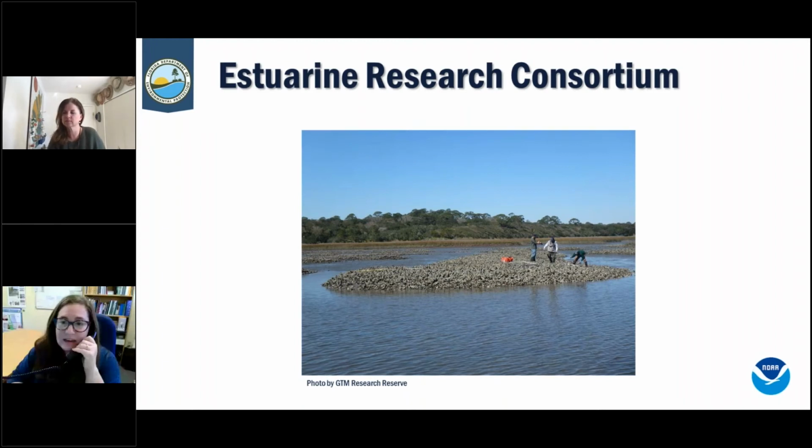It also supported a NERRS Science Collaborative Catalyst project called Stakeholder-Driven Modeling to Understand Oyster Population Sustainability, where the reserve worked with researchers from Northeastern University and Oregon State University to examine the influence of environmental factors on oysters and the oyster population dynamics in different zones within the reserve using stakeholder feedback and field data.